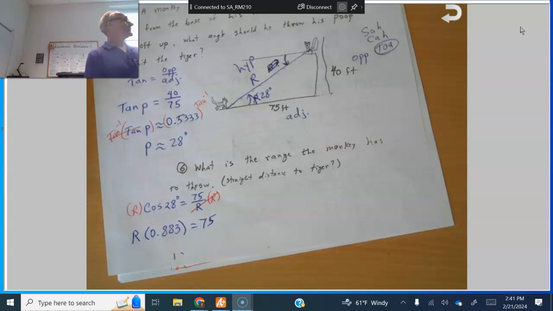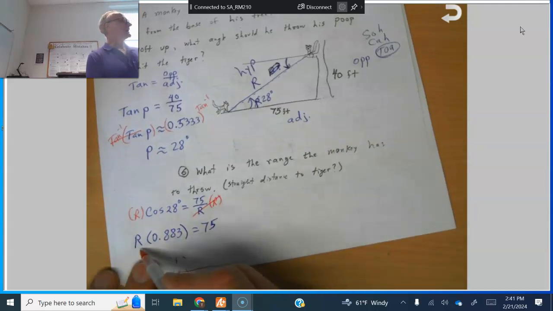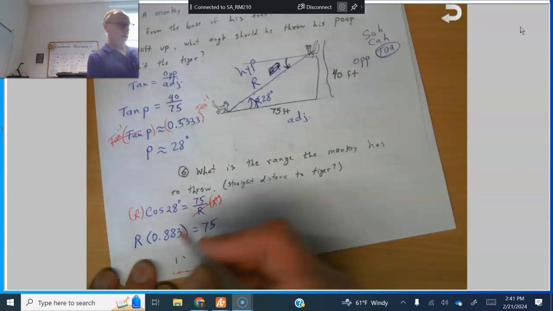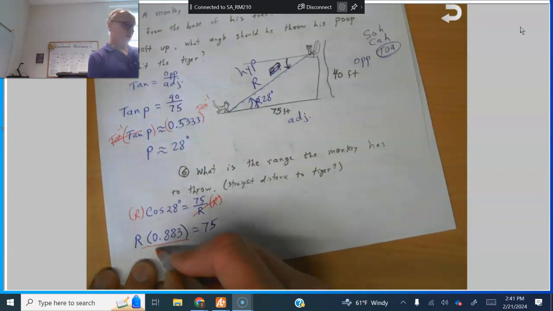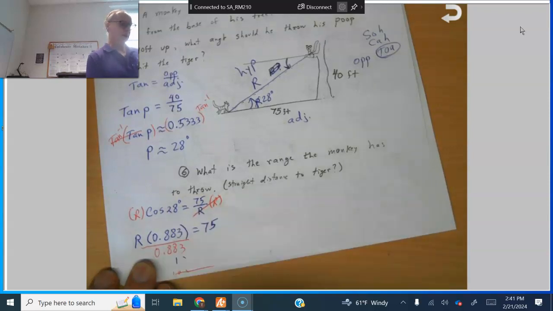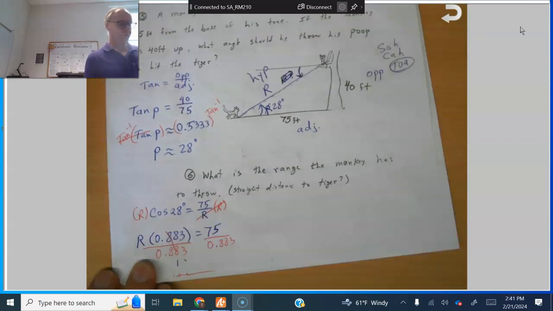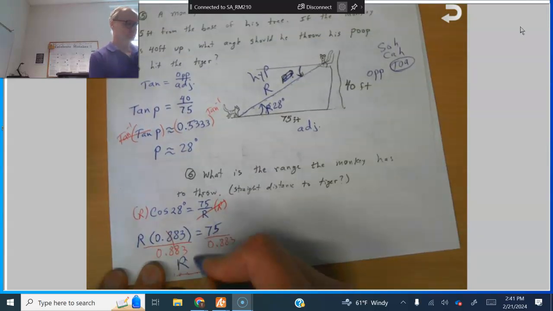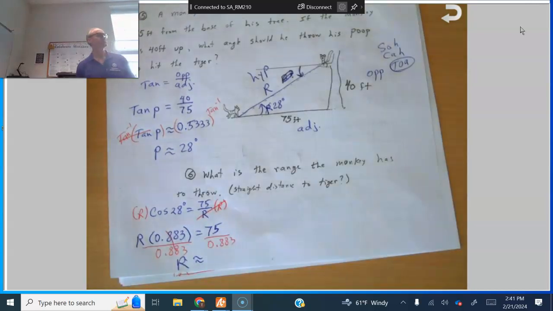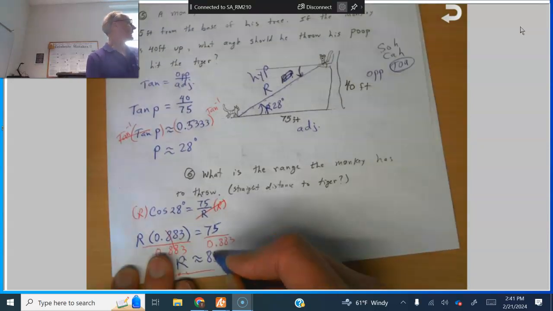Do you divide by 75 or the decimal? You divide because I want to get r by itself, don't I? Divide by 0.883. That's the one I looked up for the cosine of 28. And what do you get for r? I get approximately 85 if you round it.